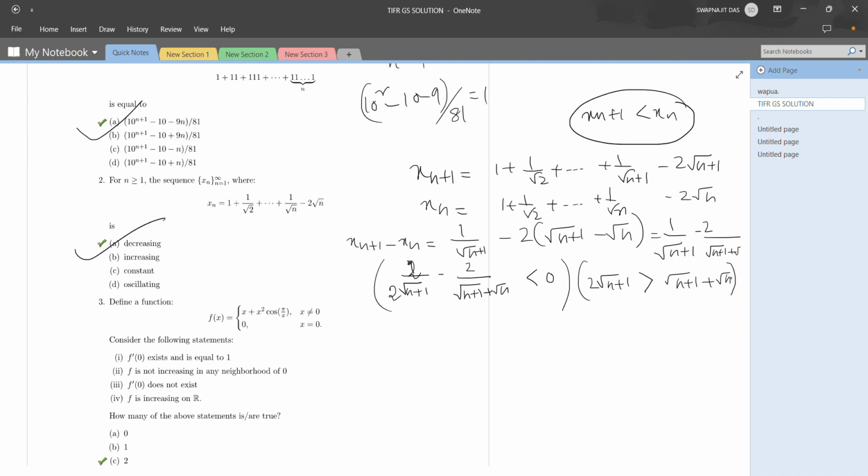Okay. Now what about question number 3? Question number 3 says that a function is given and then we have 4 statements. How many of the above statements are correct? We need to check that.